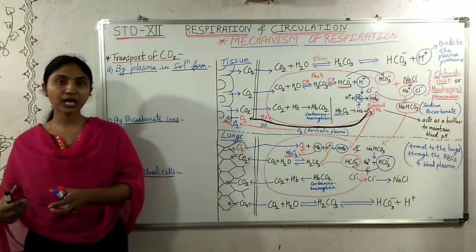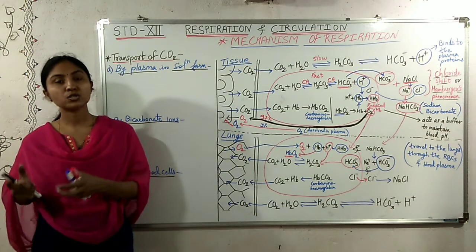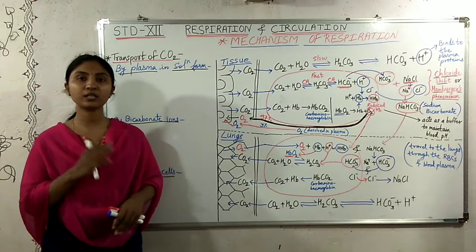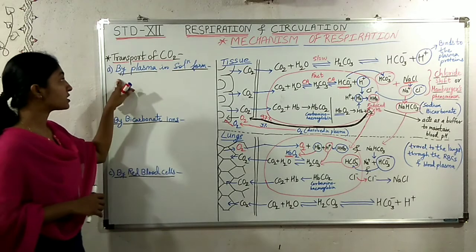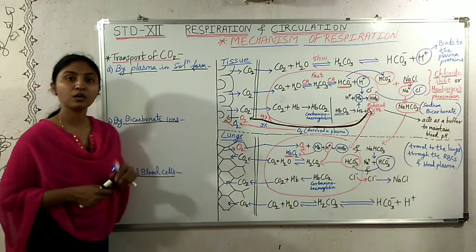Now this carbon dioxide is readily soluble in water and it is transported by the RBCs and blood plasma in three different forms. First, it is transported by the plasma in solution form.